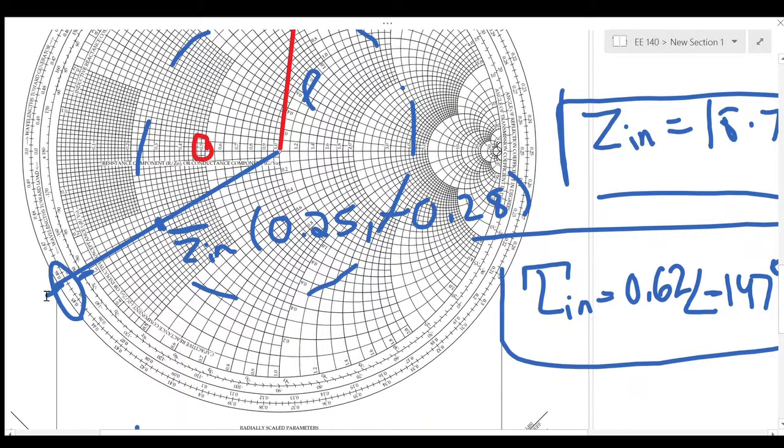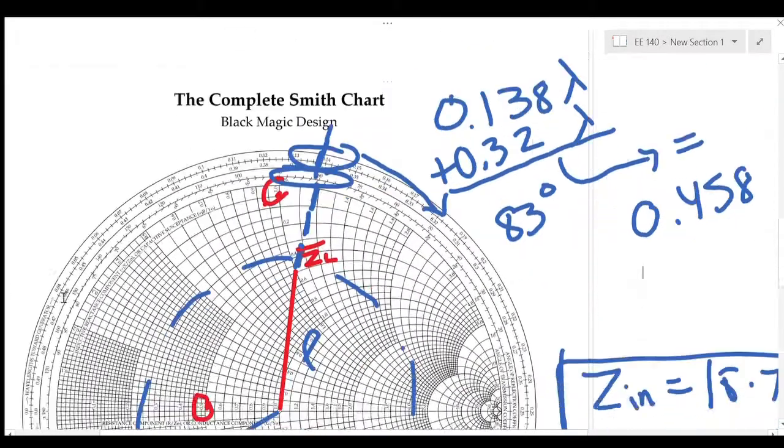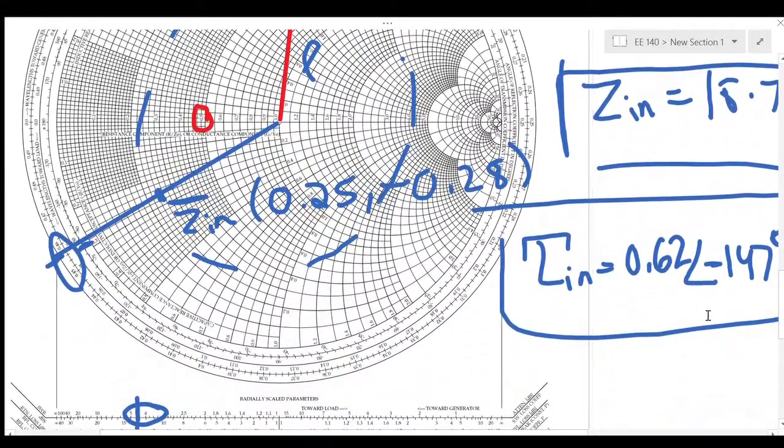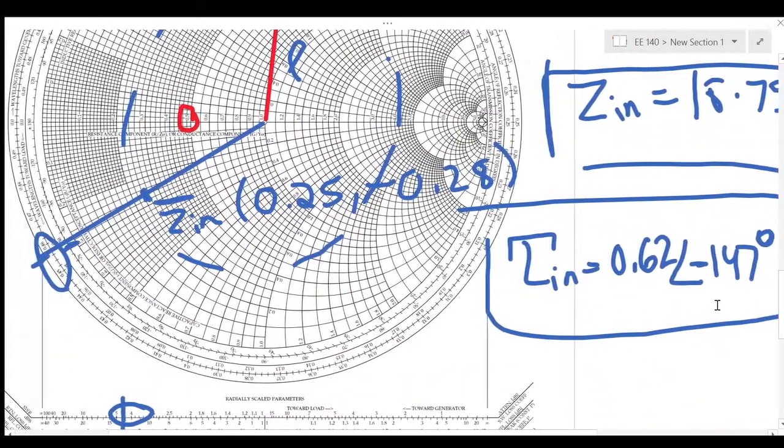And that line we're gonna extend to the origin. Once we do that, we can actually just read off the angle at 0.458, and that's about negative 147 degrees. So our reflection in would have a magnitude of 0.62, but a phase of negative 147 degrees.